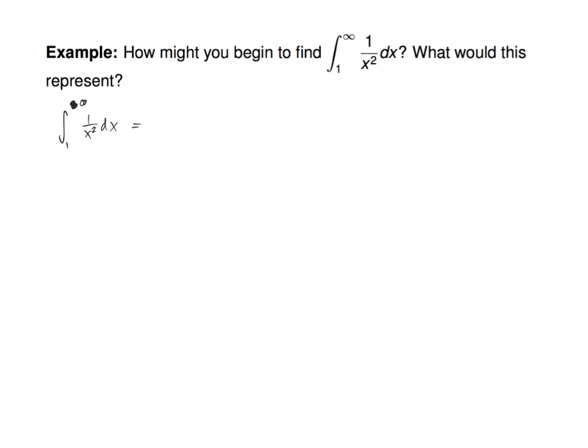So you're going to change that upper bound into a variable. The letter commonly used is b. You can choose any letter you want, but b is for Beth, so that's a really good letter. And to make these two things the same, you have to say that b is getting bigger and bigger. So to do that, you put a limit as b goes to infinity.